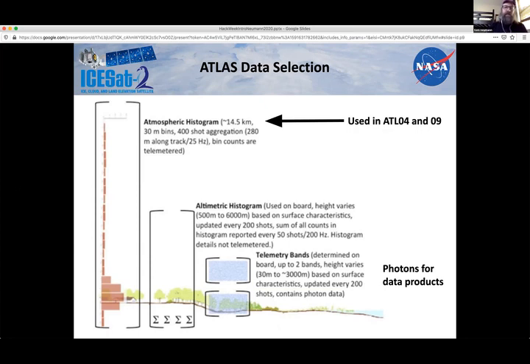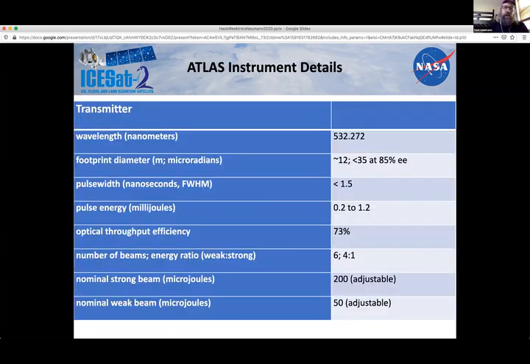And ATLAS says, oh, there's a strong return from this particular height, and it turns out to be a cloud top. And we'll see some examples of what that looks like as we go forward. But for clear sky conditions, the onboard software of ATLAS is doing very, very well at picking the surface out and sending the relevant photons. Let's go on by one slide, please.